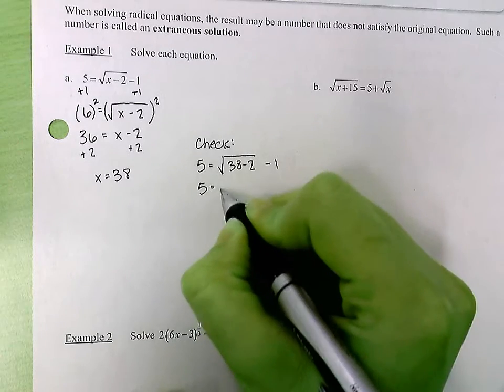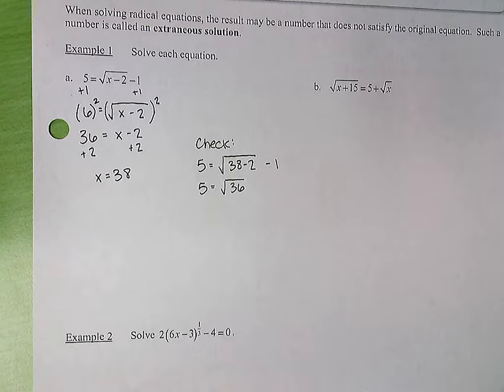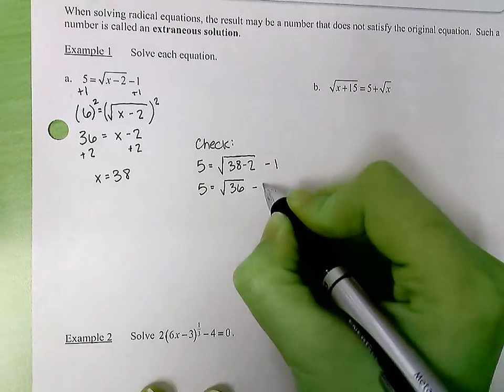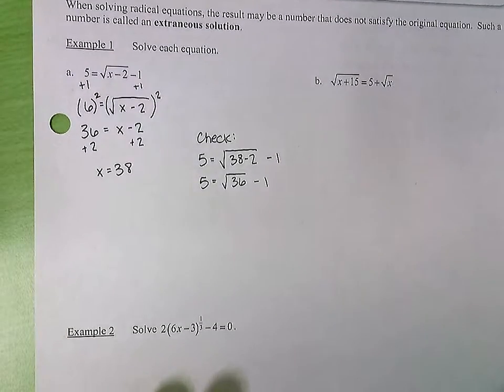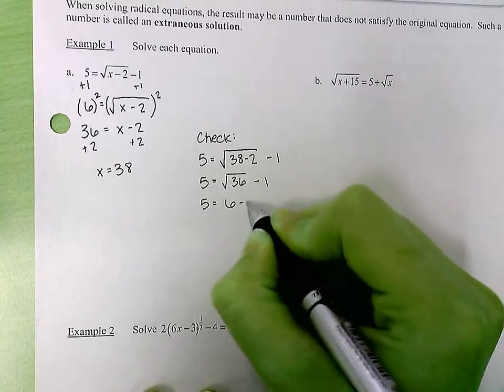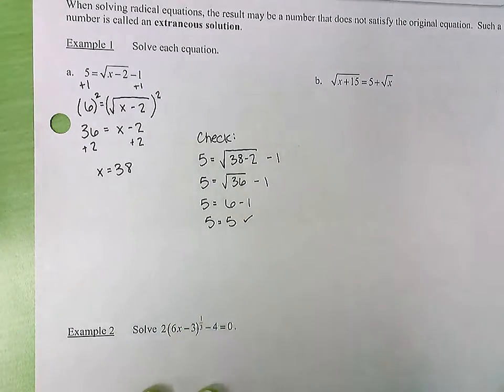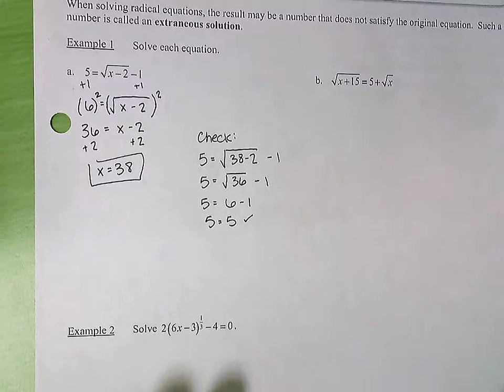So I have 5 is equal to the square root of 36. You have to do whatever's underneath that radical first. Then minus 1. So we have 5 is equal to 6 minus 1, which is 5. True. So that is true, so this is your answer.